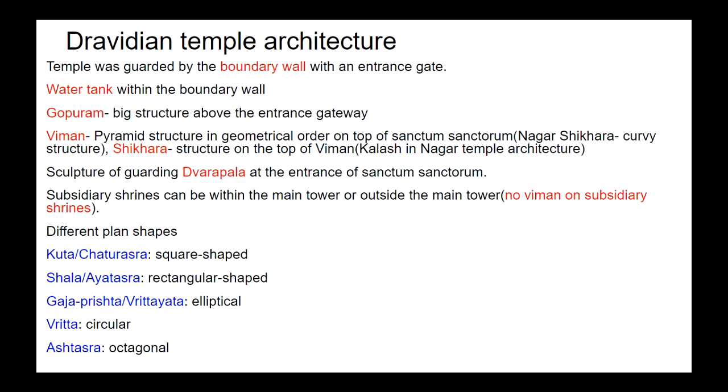It was square shape. Then second one is Sala or Ayatsra. Ayatsra is rectangular shaped. Then Gajaprishtha or Vrittayata. It was elliptical shape. Then Vritta is circular. Then Astasra. Astasra was octagonal shape.